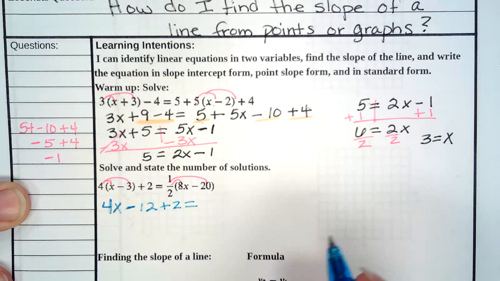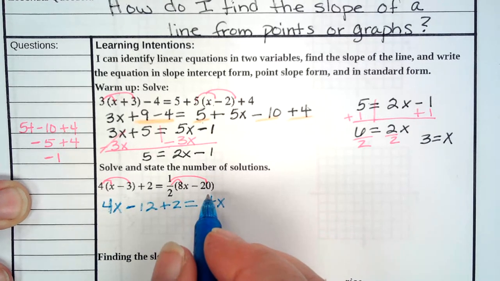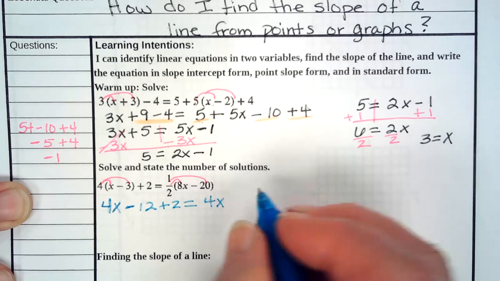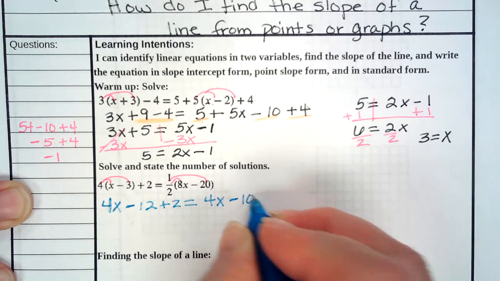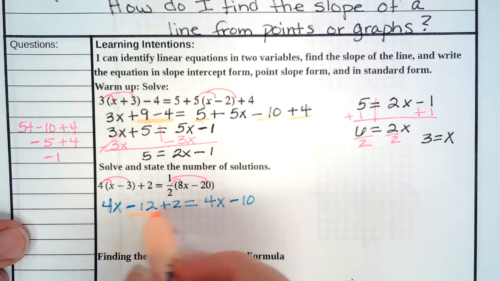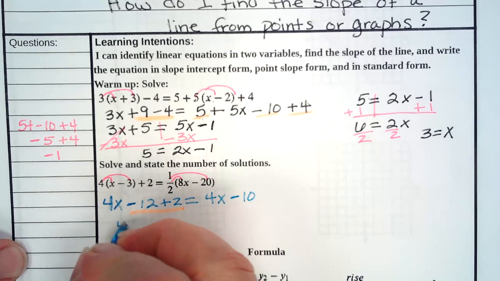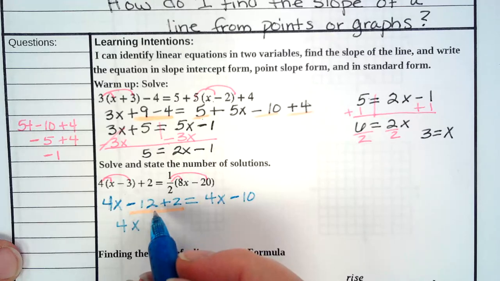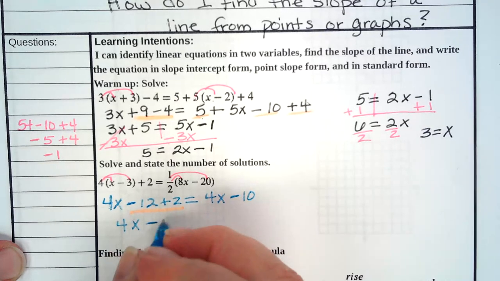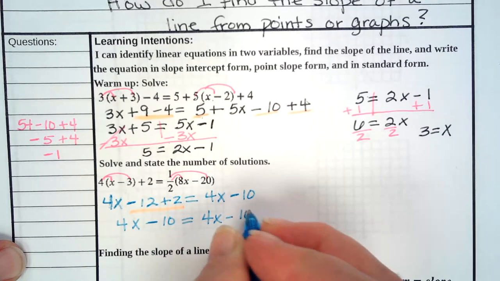What is 1/2 of 8? 8 divided by 2, 4. So this is 4x. What is 1/2 of 20? 20 divided by 2 is 10, so it's minus 10. We still have those numbers that need to be combined. Negative 12 plus 2 is negative 10, so 4x minus 10 is equal to 4x minus 10.